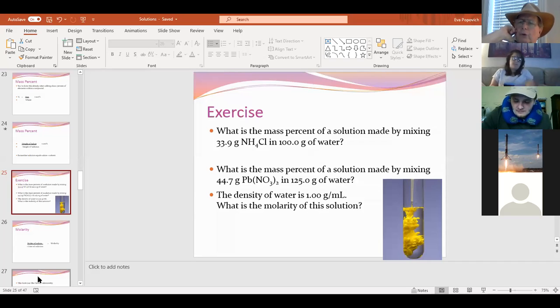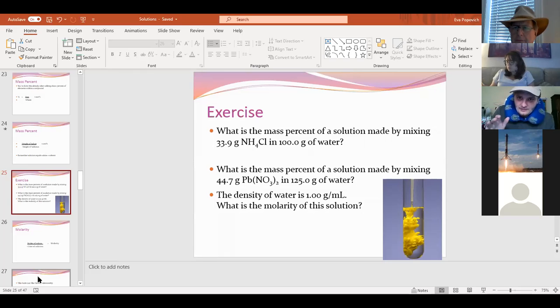Correct. So 33.9 divided by 133.9, you get 0.25, 25.3%. Remember, you have to multiply it by 100.